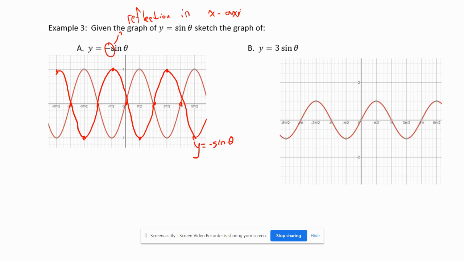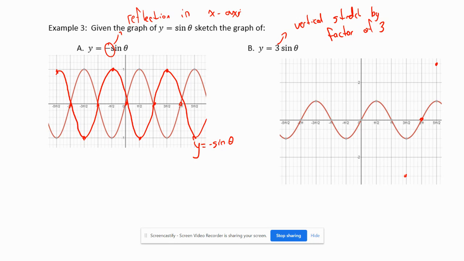All right, example B, we have y equals 3 sine theta. This gives us a vertical stretch by a factor of 3. So the points here, this guy has a y value of 1, gets stretched up to here, where we have a y value of 3. This stays invariant.